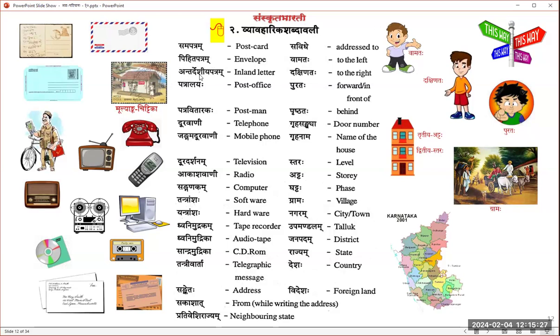Then Antardeshiya Patram, Patralayah, Patravitarakaha, doorvani, jangamadoorvani, doordarshanam, aakashvani, sanganakam, tantramshah, yantramshah, dhvanimudrakam, dhvanimudrika. Remember, these books were initially published in the early 80s when Samskrita Bharati was born.